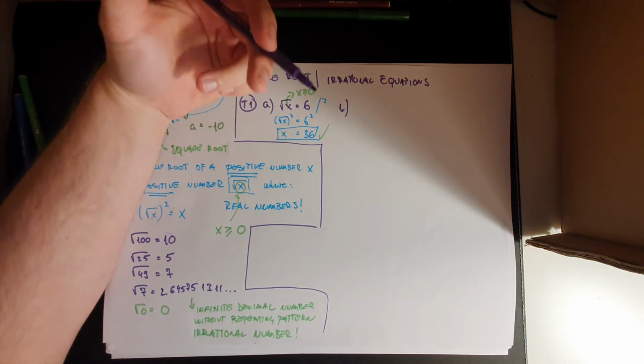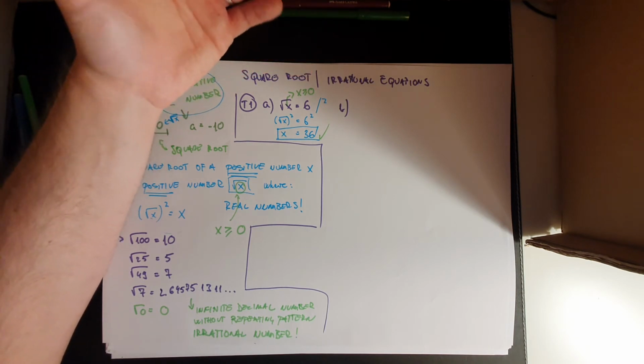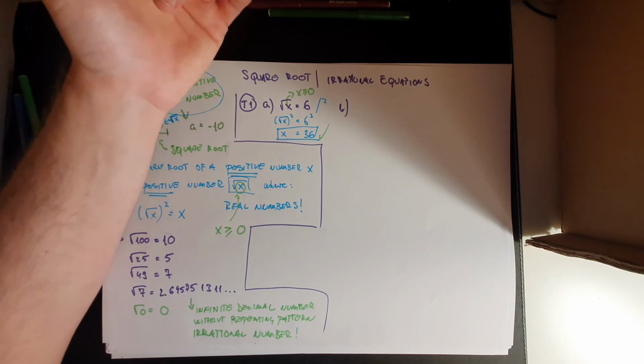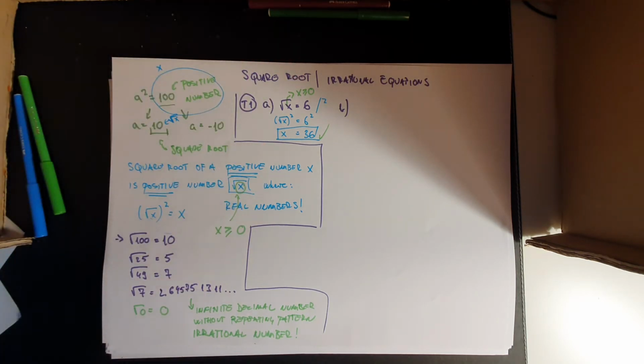If the result passes the condition, it is the result of the equation. If it doesn't pass the condition, well, this equation doesn't have to have a result, or maybe we've made a mistake during the solving part and we need to go back a step and see what we've done wrong.